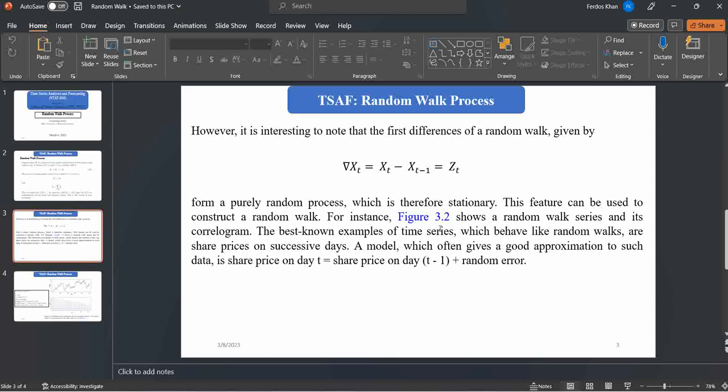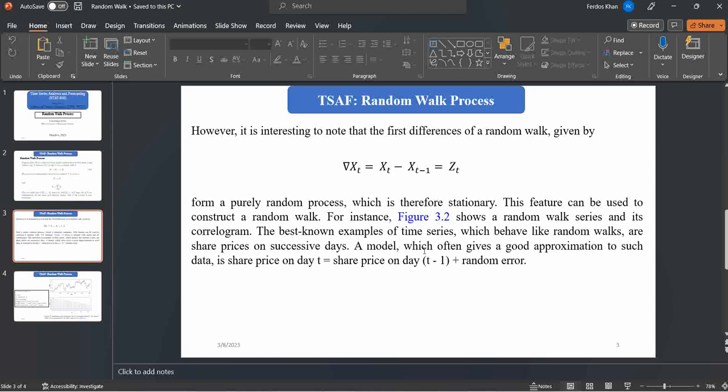For instance, figure 3.2 shows a random walk series and its correlogram. The best known example of time series which behave like random walks are share prices on consecutive days in the stock market. A model which often gives a good approximation to such data is: share price on day t is equal to share price on day t minus 1 plus error.